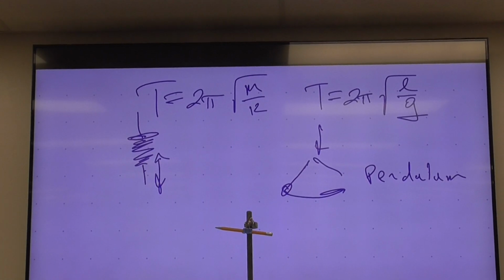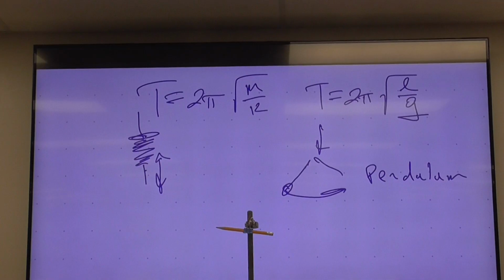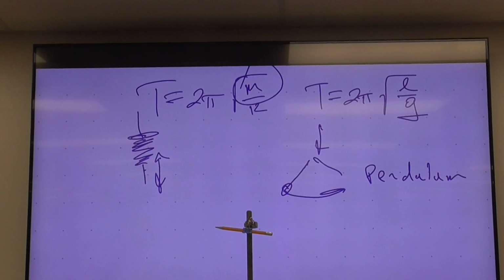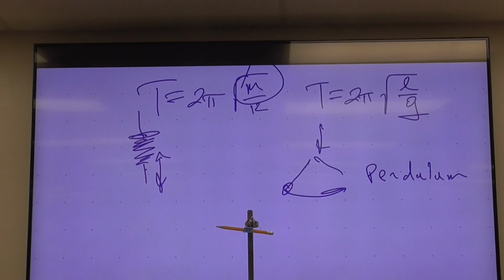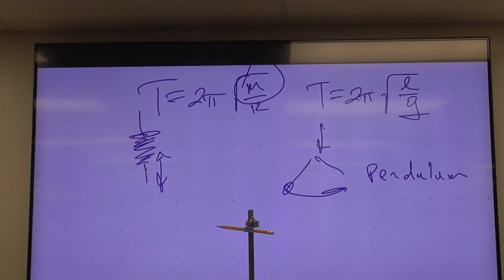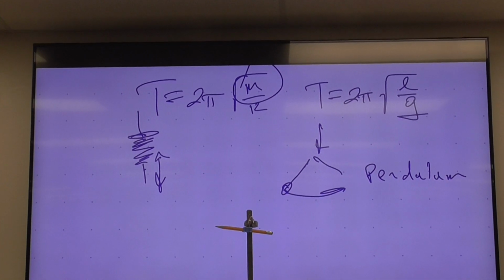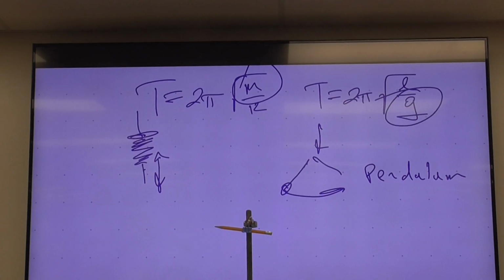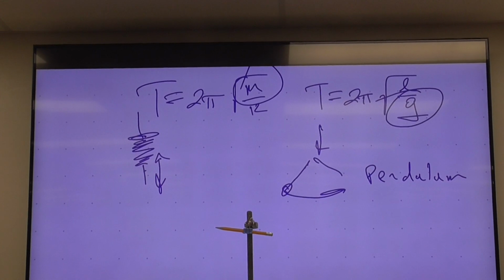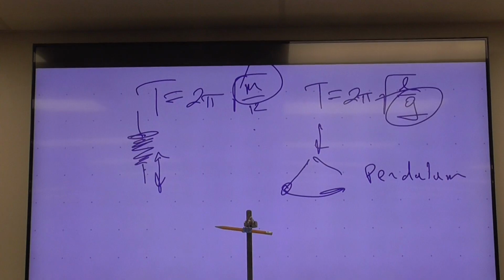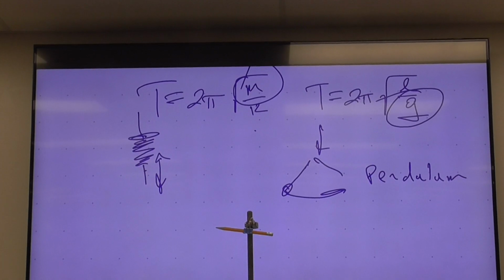If you talk about the mass on the end of the spring, mass is a factor when it comes to an oscillating spring. On a pendulum, it doesn't matter. Gravity is a factor when it comes to pendulums, but it's not a factor when it comes to an oscillating spring.